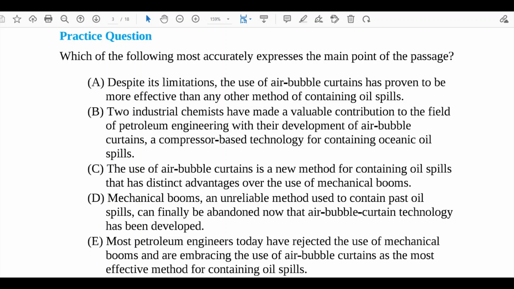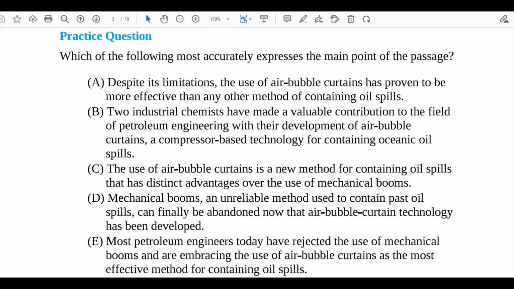E option. Most petroleum engineers today have rejected the use of mechanical booms and are embracing the use of air bubble curtains as the most effective method for containing oil spills.